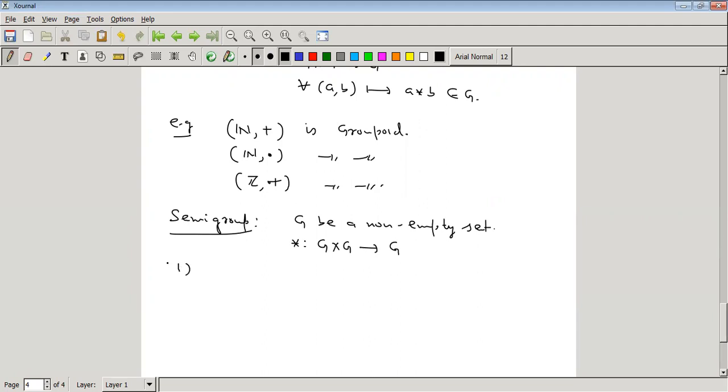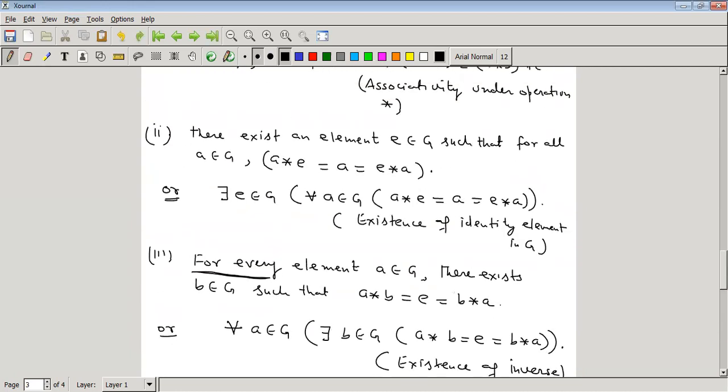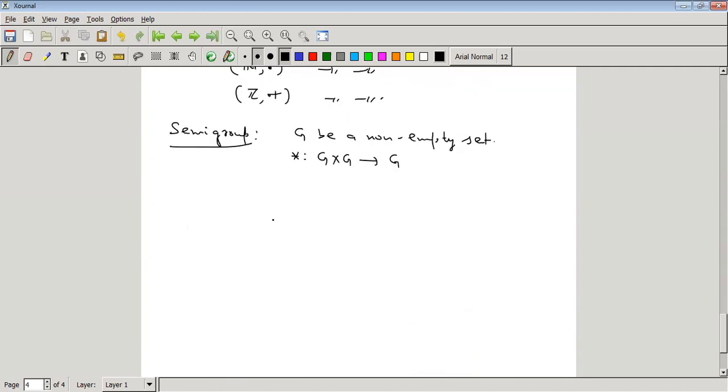And second, if it satisfies the associativity, that is axiom 1, then it is called a semi-group. It is a binary composition and the first axiom, that is associativity under star.